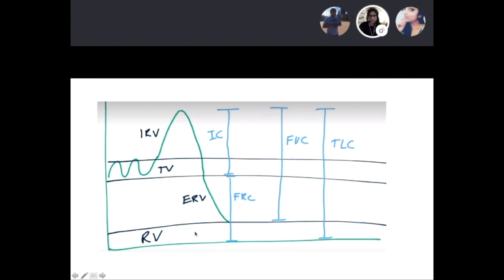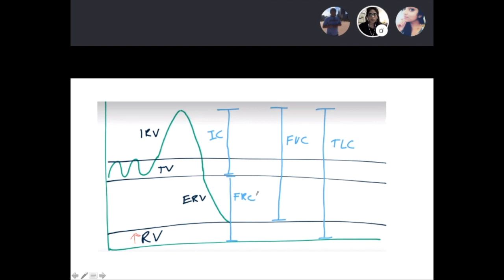So to give you guys a more visual, again, in the obstructive disease, the residual volume is going to increase.